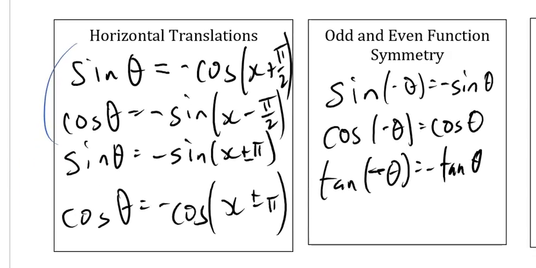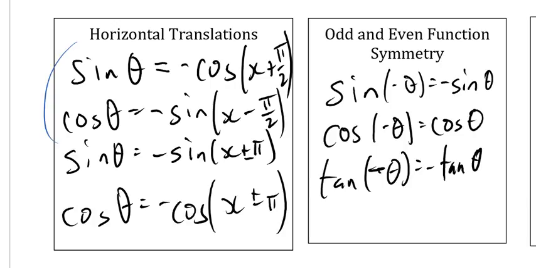What about the first one, horizontal translations? Sine to sine, you could just add a period. So you could always add 2 pi, or 4 pi, or 6 pi, or 8 pi, and you get an equivalent expression: sine of theta equals sine of theta plus 2 pi.